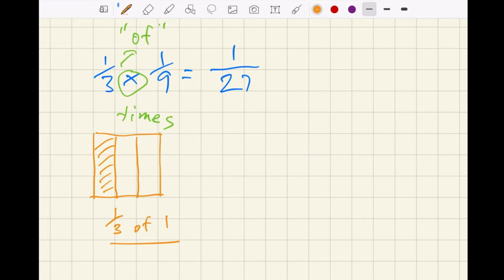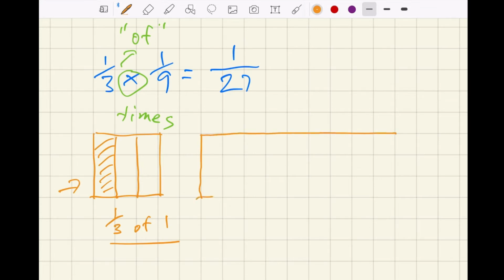So we've got to take 1/9 and divide that up into 3 parts, the way we took this 1 square and we divided the square up into 3 parts. So in order to take 1/9 and divide that into 3, first we have to have 1/9. So let's make 1/9. I'm going to do that by drawing a much bigger shape.